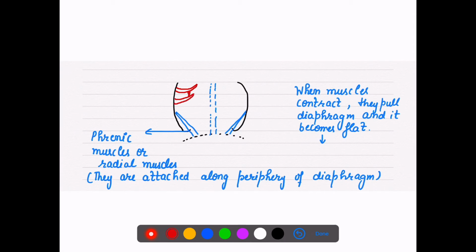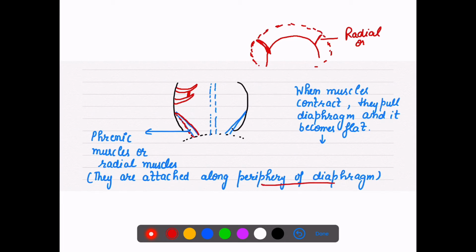But these muscles, which attach the diaphragm to the ribs, are called phrenic muscles or radial muscles. Actually they are attached along the periphery of the diaphragm. Means if this is your diaphragm, all the muscles attached around it are called radial muscles. Periphery means the whole surrounding it covers, these are the radial muscles.